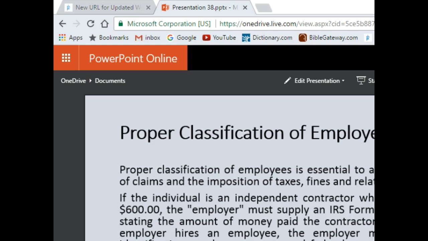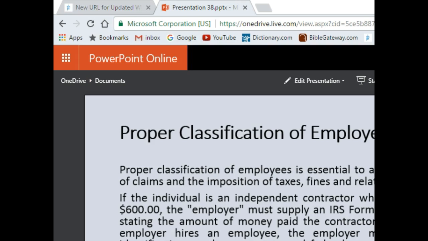If the individual is an independent contractor who has earned more than $600, the employer must supply an IRS Form 1099 to each contractor stating the amount of money paid the contractor during the year.